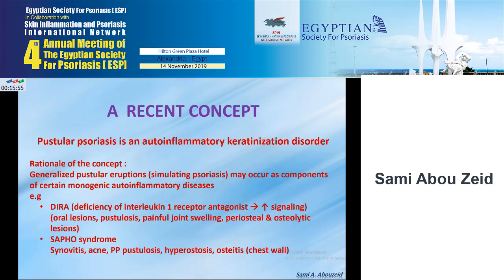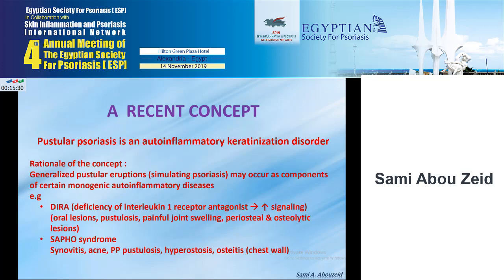The rationale is that generalized pustular eruptions simulating psoriasis may occur as components of certain monogenic autoinflammatory disorders. For example, DIRA. This is deficiency of interleukin-1 receptor antagonist, which will lead to increased signaling through the interleukin-1 receptor.